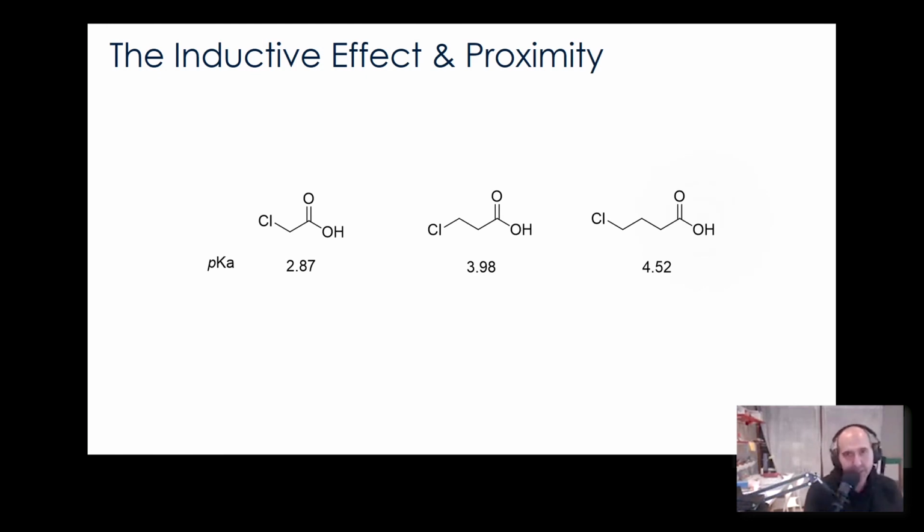It's a very, very local effect. Here we can see the chlorine is on the carbon atom right next to the acid site, and it has a pretty strong effect. The further away we move the chlorine from that site, the less of an impact it has. It becomes less and less significant in terms of the overall acidity of the molecule. So those polar bonds have to be close to wherever the acid site is.